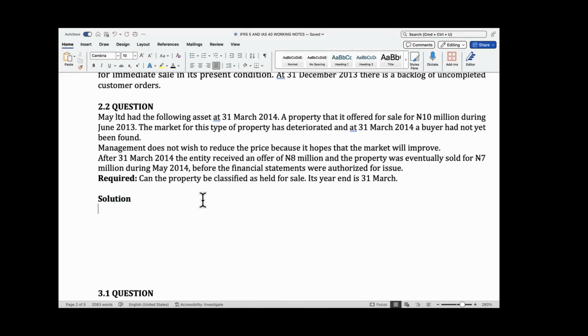At 31st March 2014, the entity received an offer of 8 million naira and the property was eventually sold for 7 million naira during May 2014, before the financial statements were authorized for issue. Required: can the property be classified as held for sale? Its year end is 31st March.